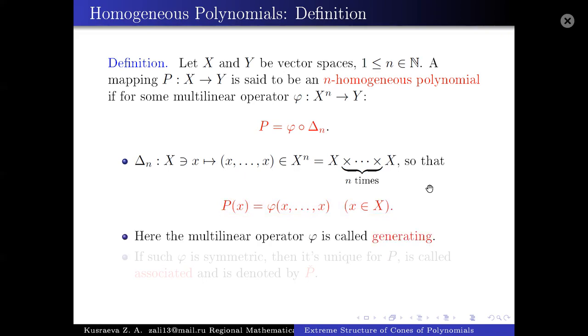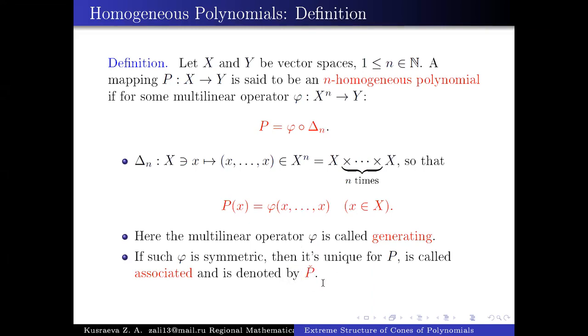Here the multilinear operator phi is called generating, and in the case when phi is symmetric, then it is unique for this P and is called associated and is denoted by the symbol P with a hat check. So let me continue.